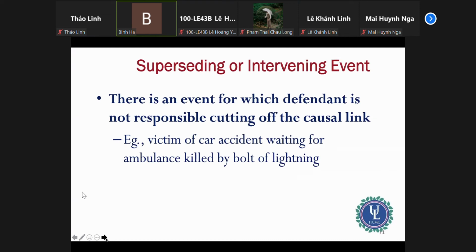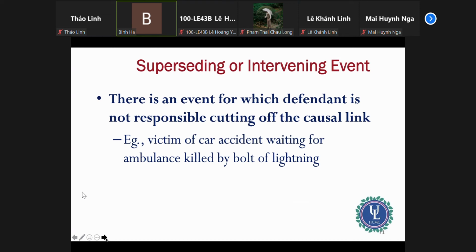But if there is something that cuts off the causal link, then the defendant could not be liable for the consequences caused by other events, not immediately by his action or omission to act.